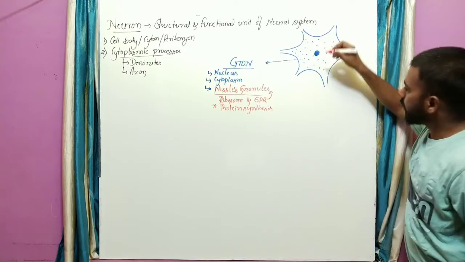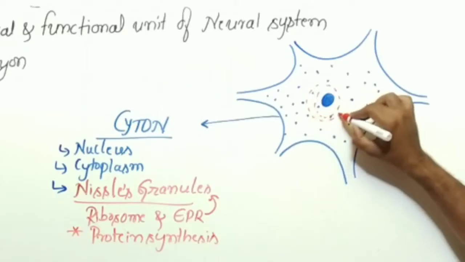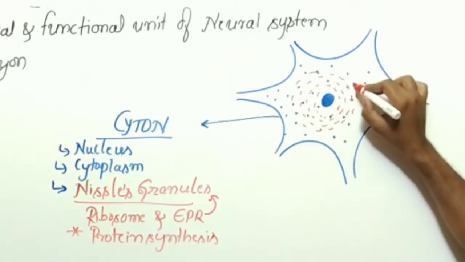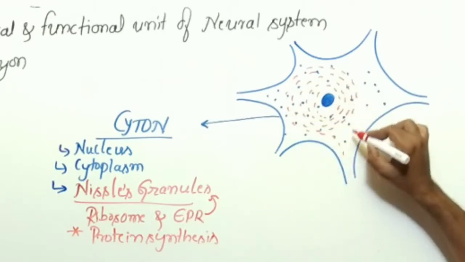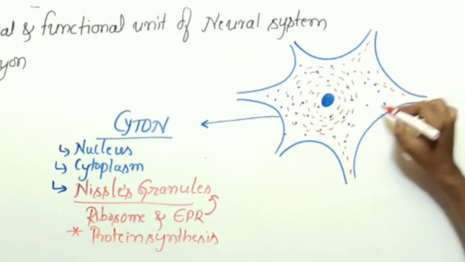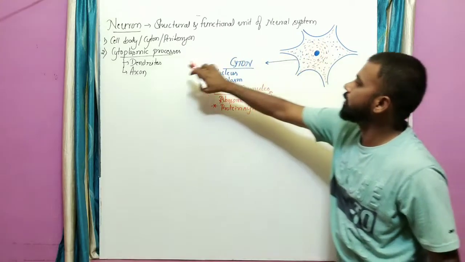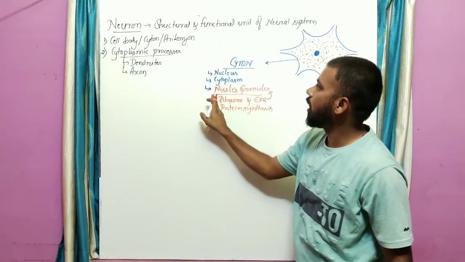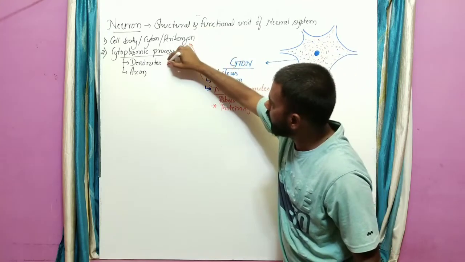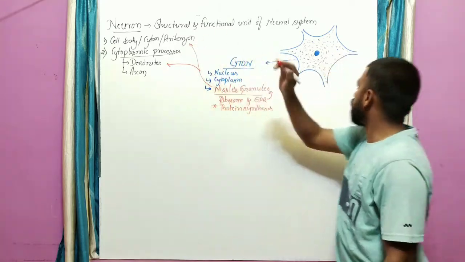Inside the cyton, the Nissl's granules are found, and these, which are generally rod shaped, extend from the cyton into the many branched cytoplasmic processes called dendrites. So Nissl's granules are found in the cyton and dendrites, but they are absent in the axon.